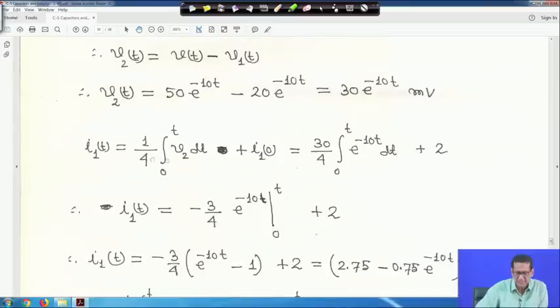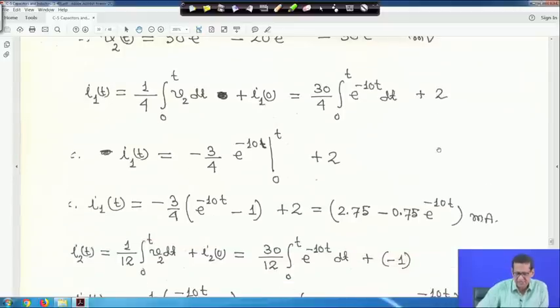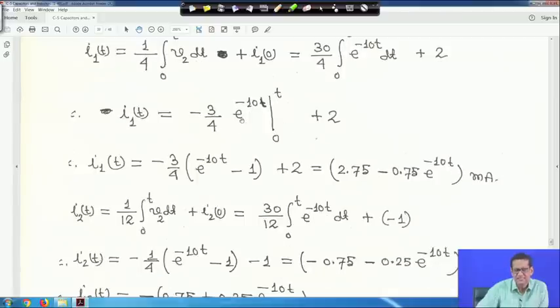And I1(t) will be 1 upon 4 integral 0 to t of V2 dt plus I1(0). So, 30 by 4 times the integral from 0 to t of e to the power minus 10t dt, and I1(0) is equal to 2. If you integrate and simplify, you will get I1(t) is equal to 2.75 minus 0.75 e to the power minus 10t milliampere.